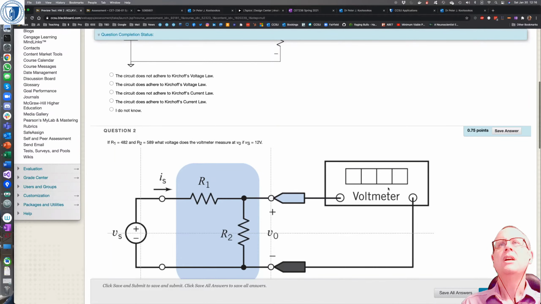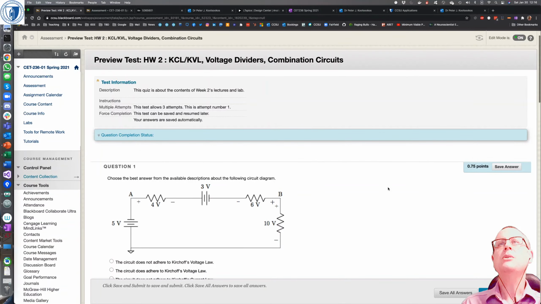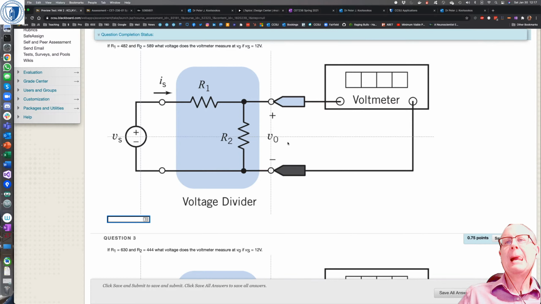For some of the later ones where you've got to give a numerical answer like this one, and we haven't got over voltage dividers yet, so wait for next week. You will also need to put in the units. So instead of just giving a number, you need to give a number plus a unit.